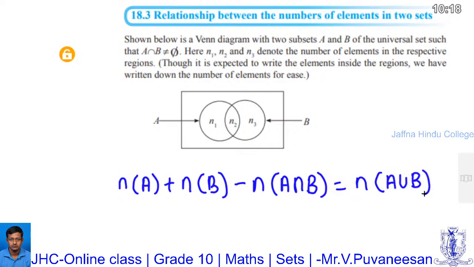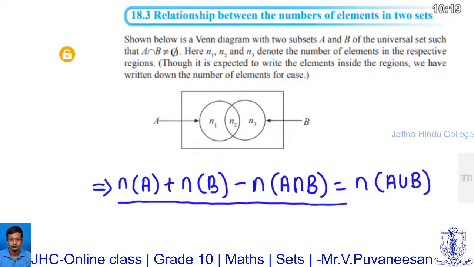In the last class we saw this. It is applicable if the two sets A and B are given and we know the number of elements, then we apply this formula.